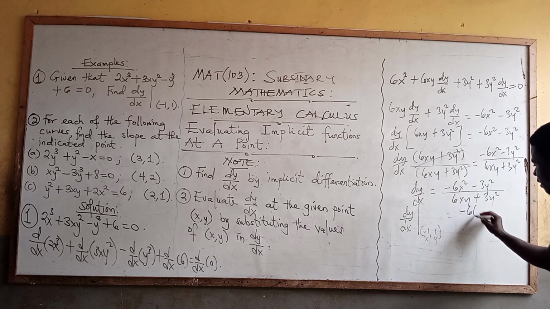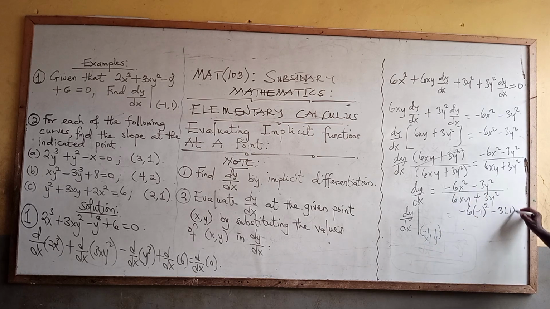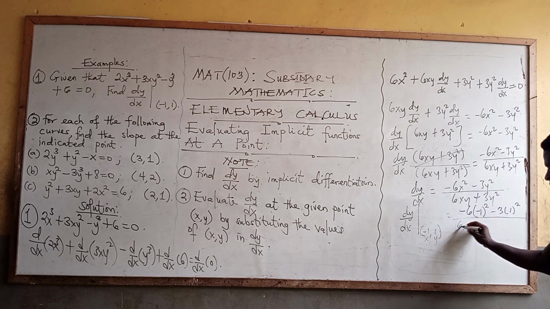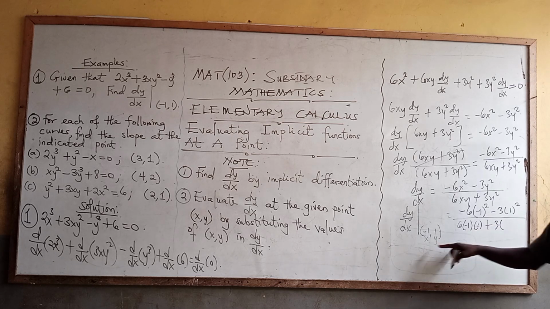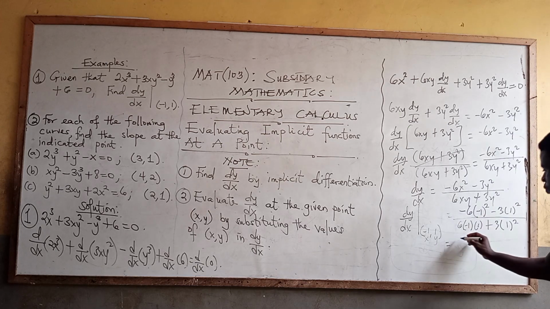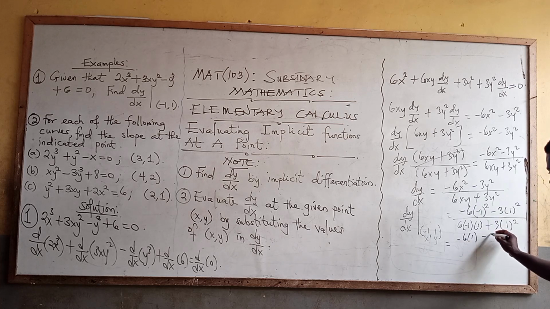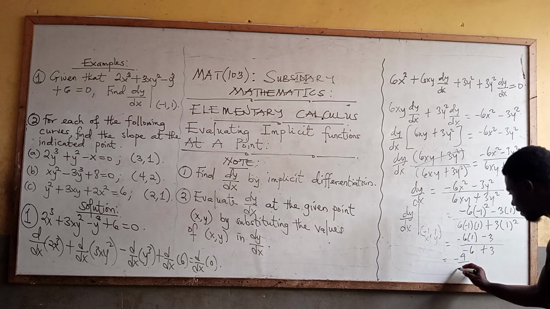So I have -6 times x, which is -1, all squared, minus 3 times y, which is 1, squared, divided by 6 times -1 times 1 plus 3 times y, which is 1, squared. Here I get -6 minus 3, that is -9, divided by -6 plus 3, which is -3.